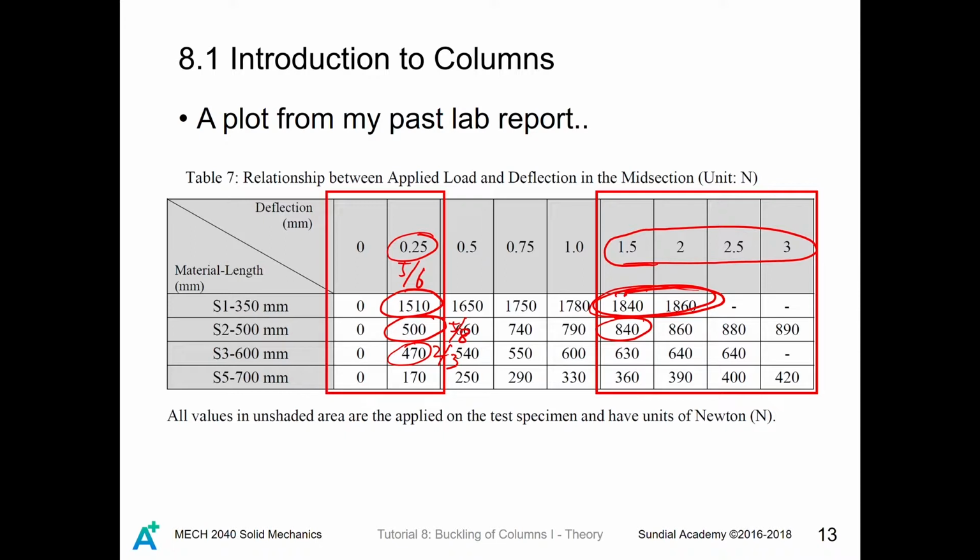So the column deflection could be a very dangerous thing, because once a column is going to buckle, you have no idea when it will buckle, because you don't know for the time being what is the load applied on the column. Once it becomes a buckled column, then the whole thing will be different.